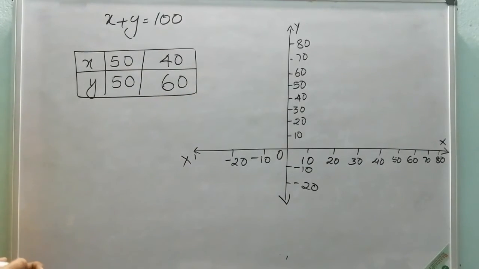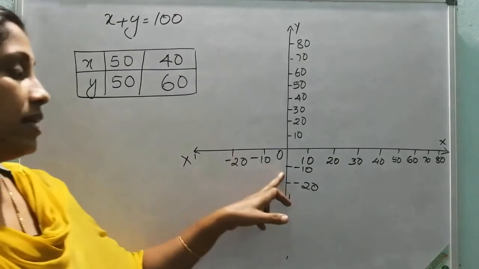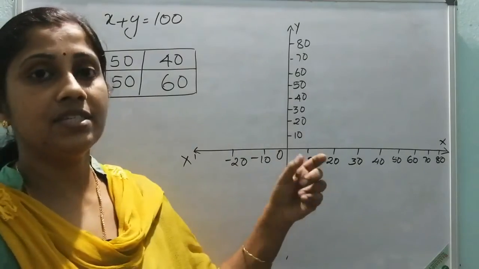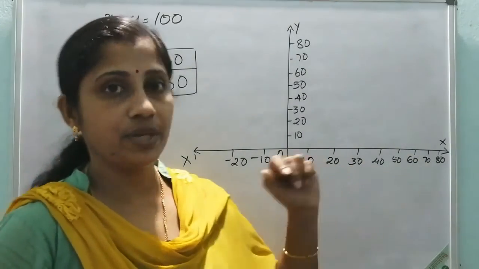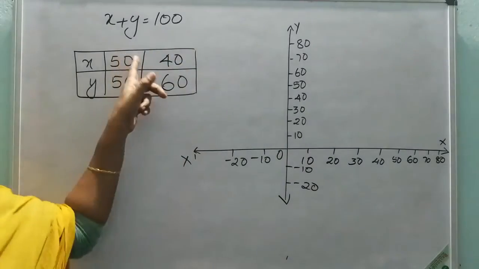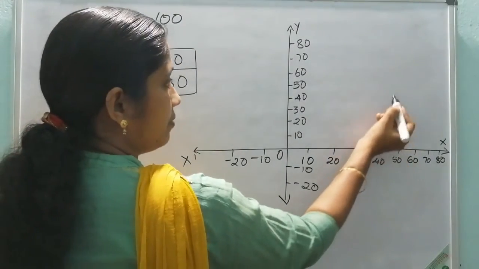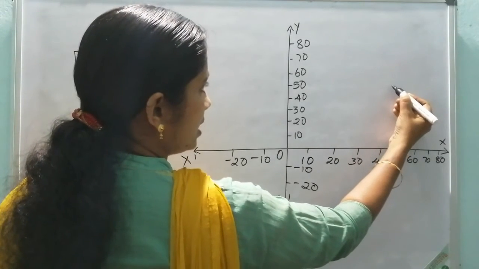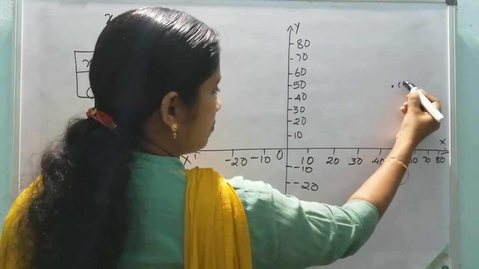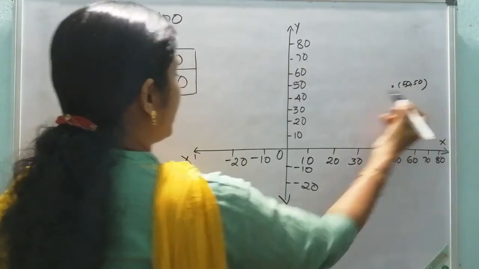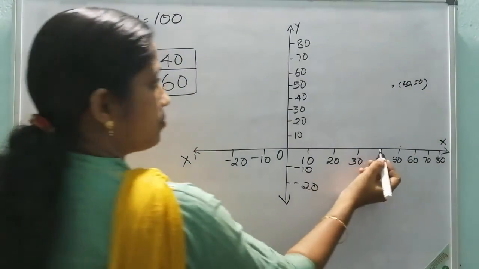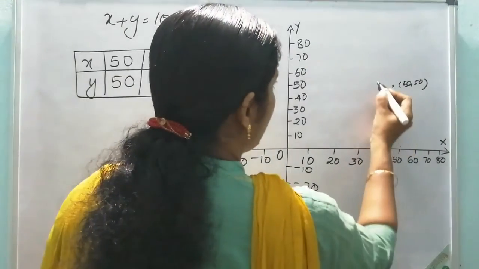We are taking bigger values here, so in the graph you have to take the divisions as 10, 20, 30. Here the first point is 50, 50, so mark this point as 50, 50. Then the second point is 40, 60. This is 40, then 60 is here.